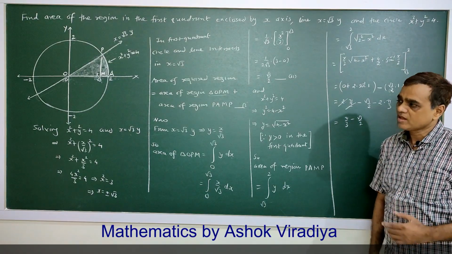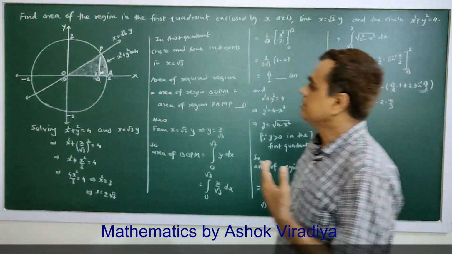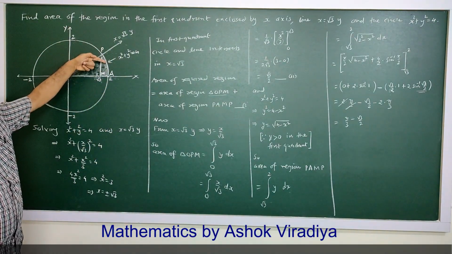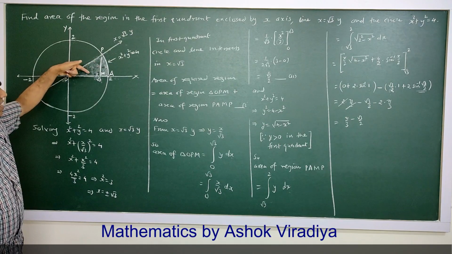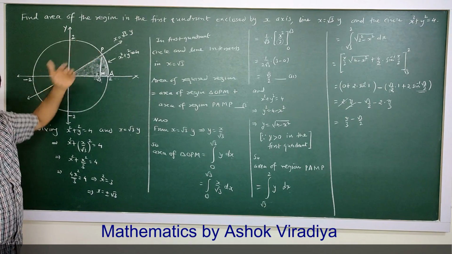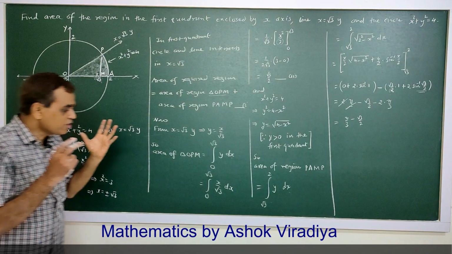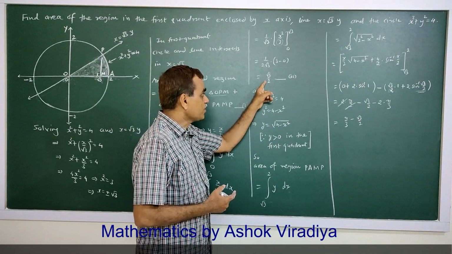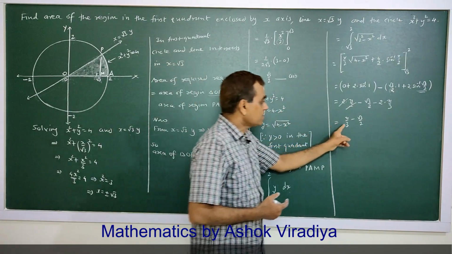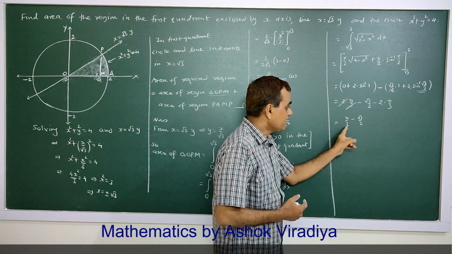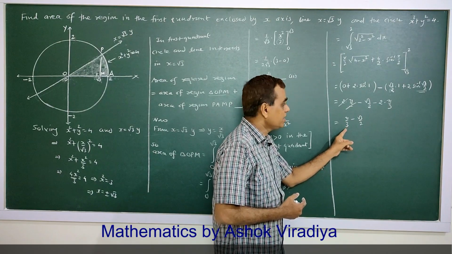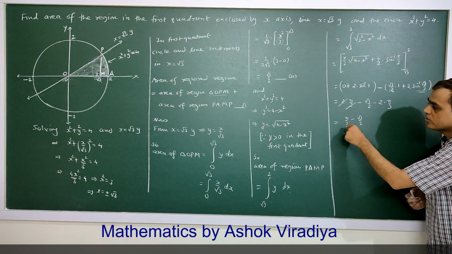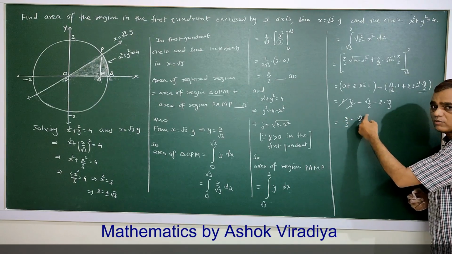Now see, here the region is bounded by the x-axis and above the x-axis. Both regions are above the x-axis. So whatever value of the integral we get in both cases, this is positive, this is also positive. Pi by 3 is more than 1, root 3 by 2 is less than 1.